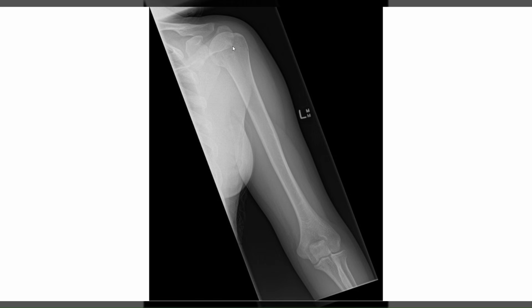And if you see this, we see a shoulder and we see an elbow. It can be a bit confusing. What do we call this X-ray? Well, we usually call this the name of the bone that it's focusing on, in which case this is a humerus. So if you were in X-ray rounds and you saw this X-ray, you would say this is an AP of a skeletally mature humerus, because all the growth plates are closed.